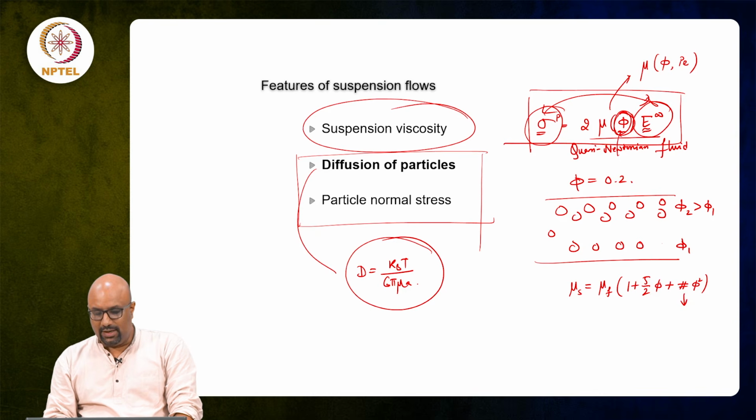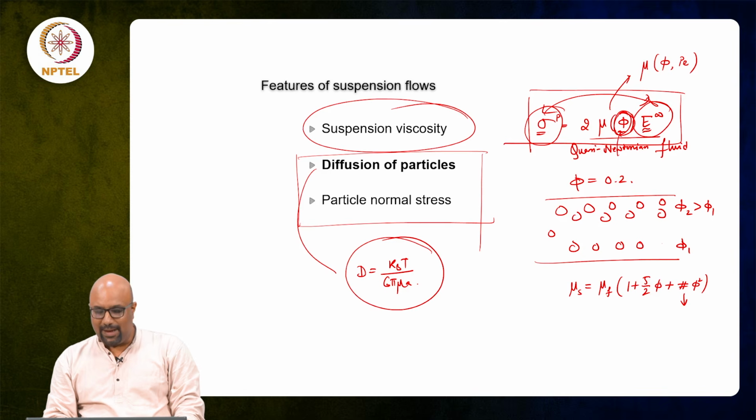You do a steady simple shear flow, you get one particular value of the coefficient. You do a planar extensional flow, you get another value of the coefficient. So, the nature of the background linear flow or shearing behavior that you have is actually determining what would be the next correction to your viscosity.